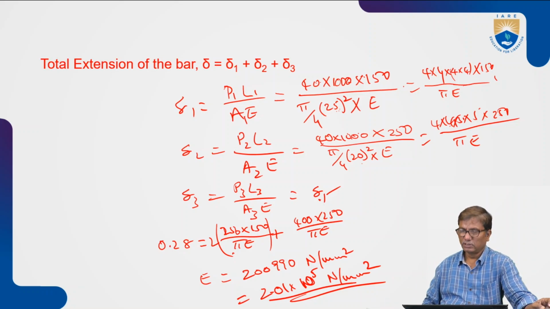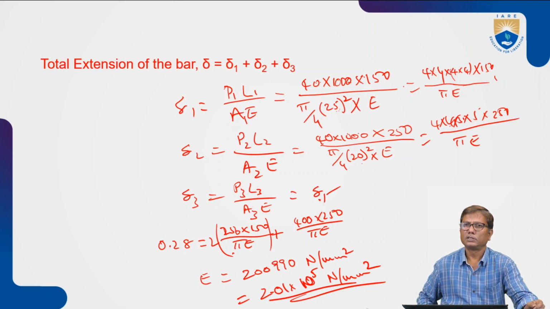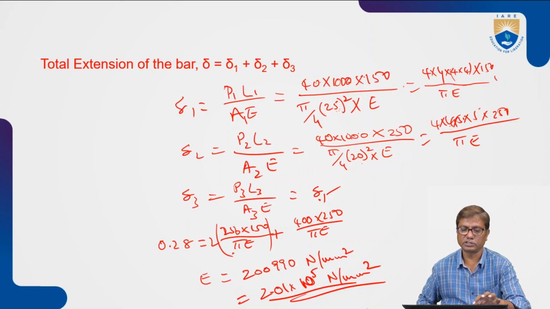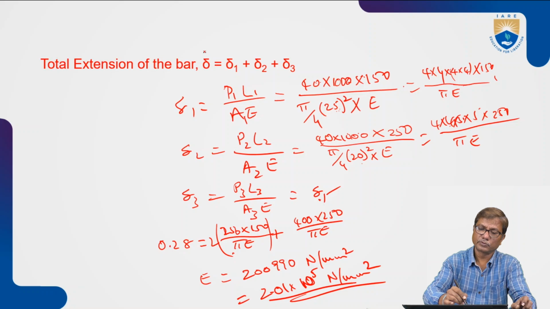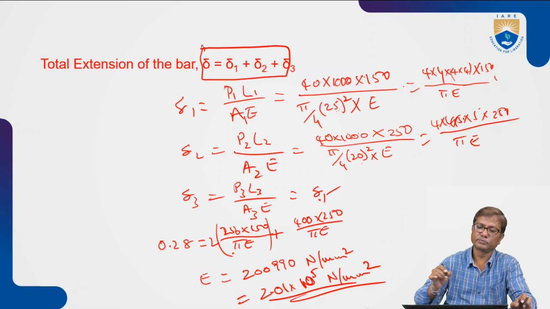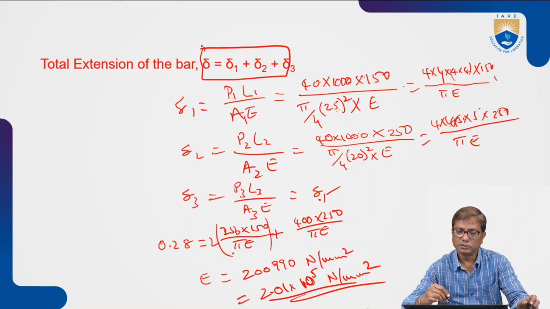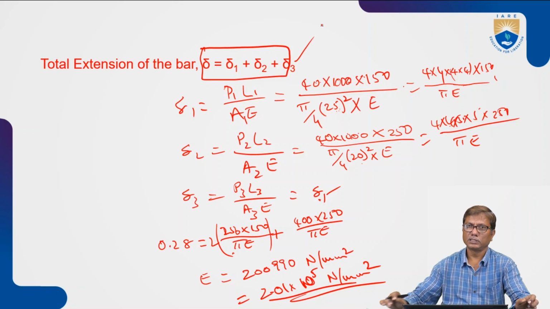So when the member is having non-uniform section, different diameter sections, then we will calculate the total elongation as the sum of the elongations of individual portions. This is the governing equation.